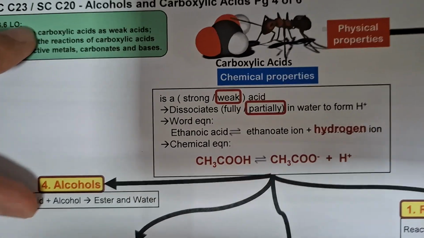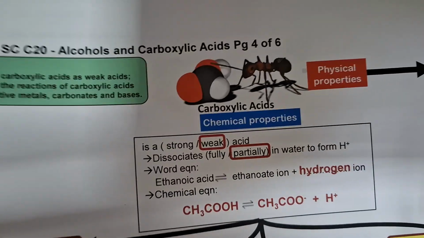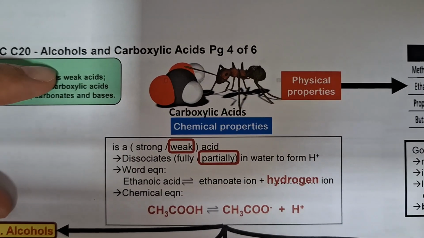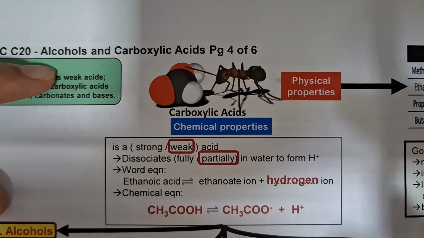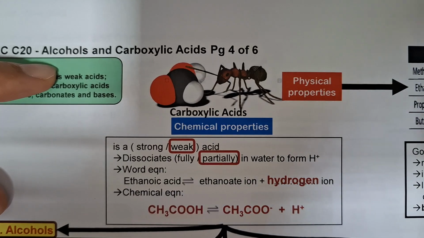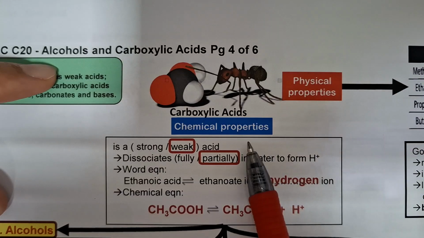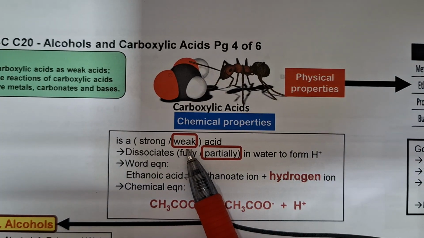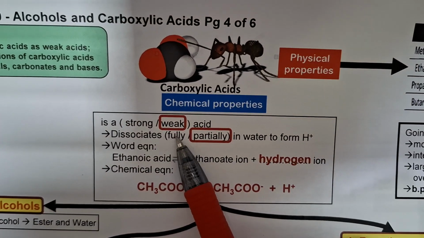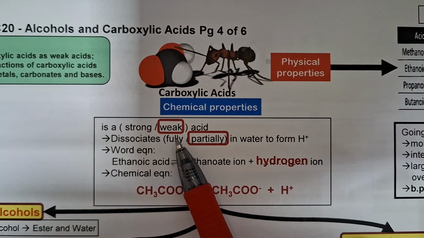Let's look at the chemical properties. So as the name implies, carboxylic acid is an acid. And the difference between carboxylic acid and normal acids like hydrochloric acid, sulfuric acid, and nitric acid is that carboxylic acid is a weak acid. What do you mean by weak acid? So recall chapter 8, acids and bases. All acids have hydrogen ions.